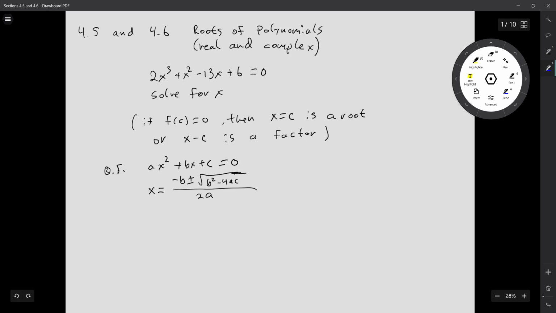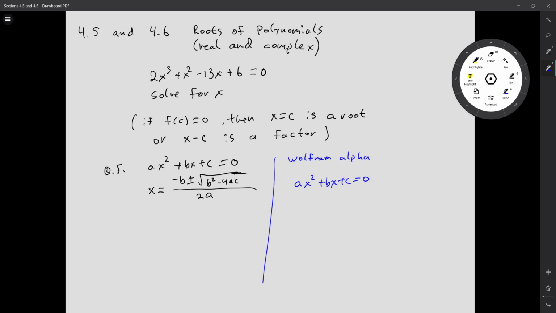And in fact, if you go to Wolfram Alpha and type in ax squared plus bx plus c equal to 0, in the little box they give you, it will give you the solutions as the quadratic formula.